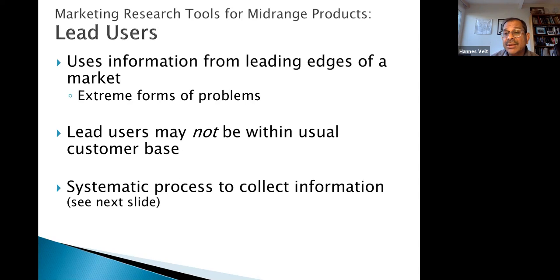So the lead users may not be your current customers, but they are experts in their field. And so very often the way to get them together is to organize some kind of educational seminar where they are happy to come as invited guests, and you might have to pay them an honorarium, but they're happy to participate and give you those kinds of insights.